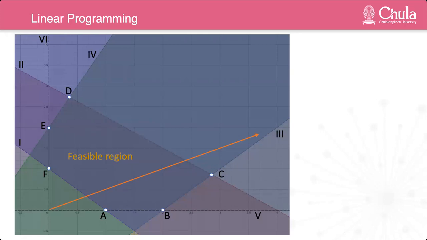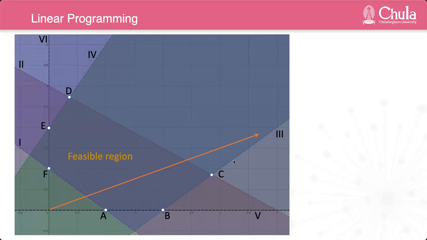Then you draw the gradient. This orange arrow represents the vector of the gradient. The gradient moves this way. So where is the maximum point?